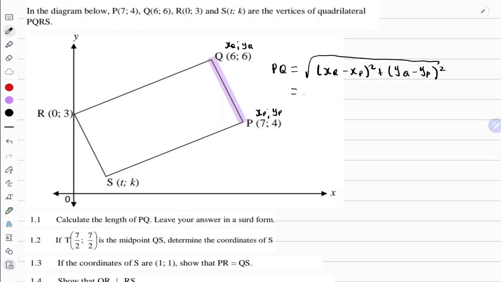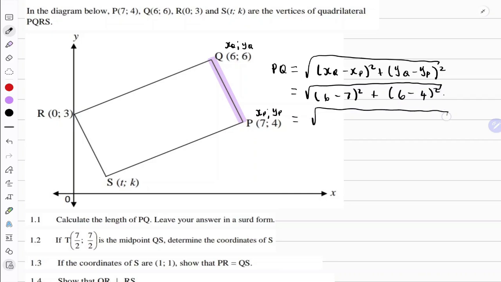So this is equals to the square root of (XQ is 6 minus XP 7) squared plus (YQ is 6 minus YP 4) squared. So you can take the square root of that.